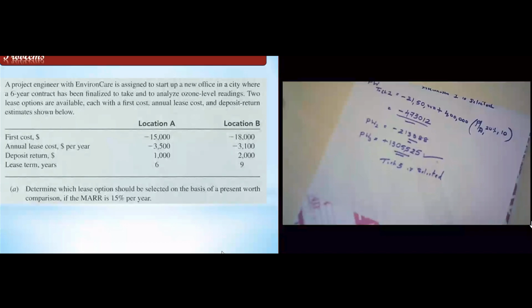But when we calculate present worth for unequal life, the situation would be different. These cases are different compared to the first three numericals. In the first three numericals, the service life was the same, and we compared according to that service life. But here, the service life was different.